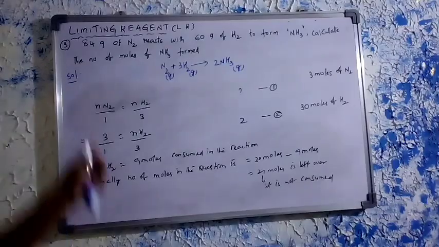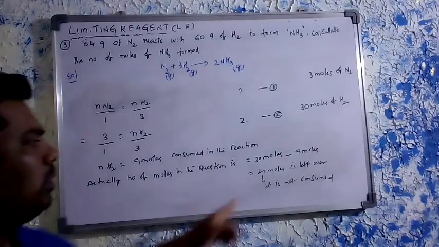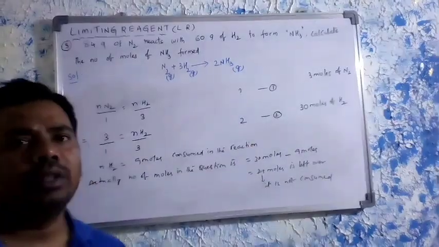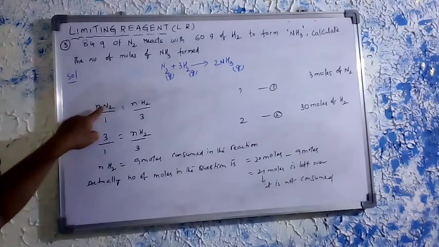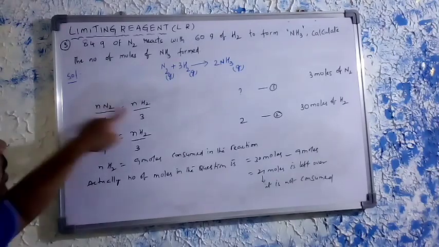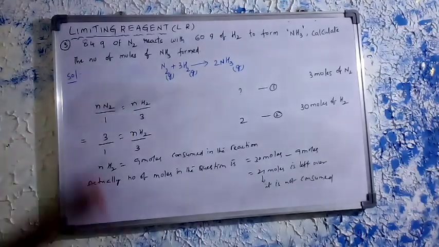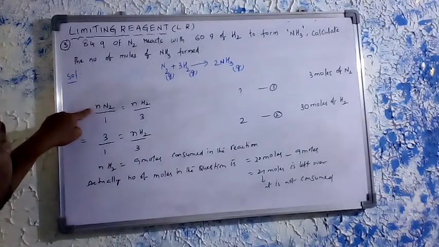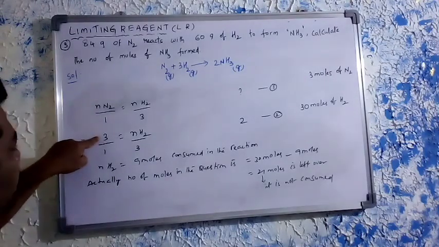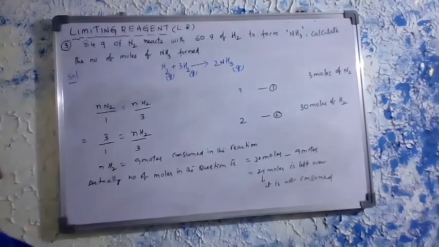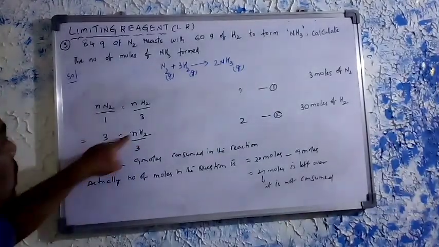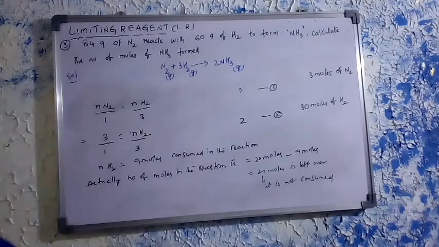Now we will calculate the number of moles of hydrogen consumed in the reaction. Take the relation between number of moles of nitrogen and number of moles of hydrogen. The number of moles of nitrogen is 3, and the number of moles of hydrogen we will calculate.